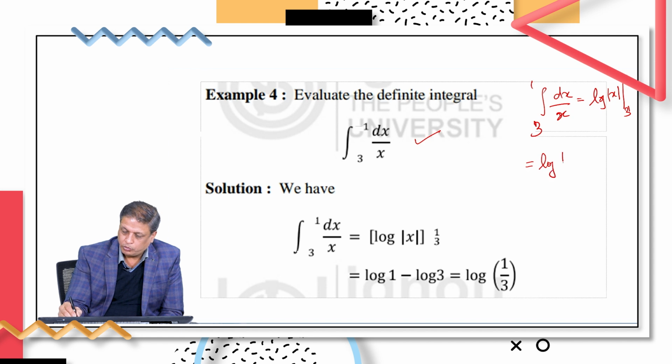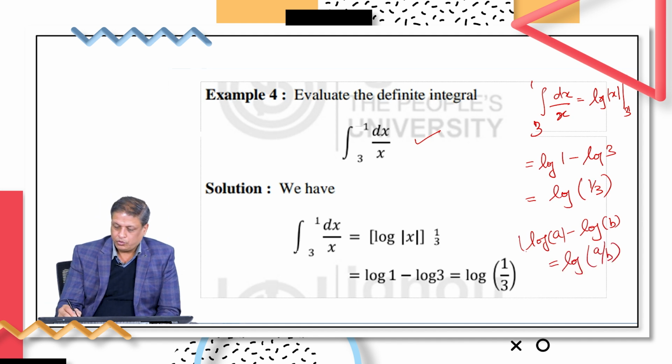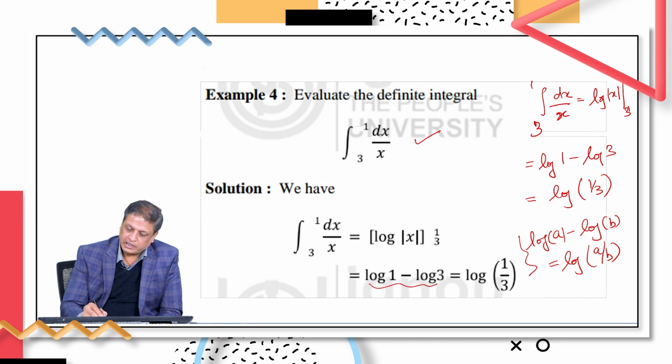So this will turn out to be log of 1 minus log of 3, and this is nothing but log of 1 by 3, because log of a minus log of b is equal to log of a by b. So applying this identity, you will get log 1 minus log 3 is equal to log of 1 by 3.